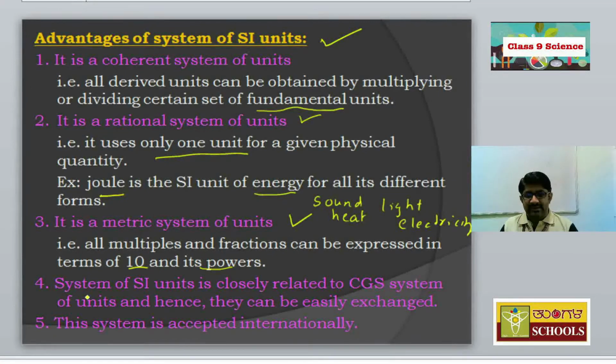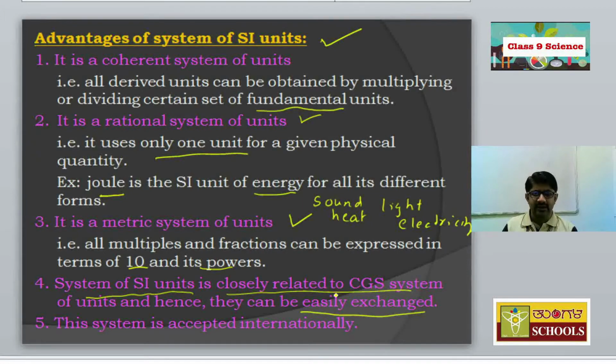Fourth one, the system of SI units is closely related to the CGS, centimeter, gram, second system, and hence it can be easily exchanged.